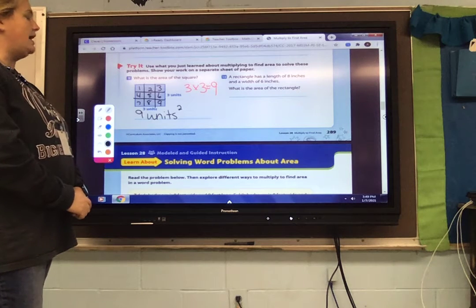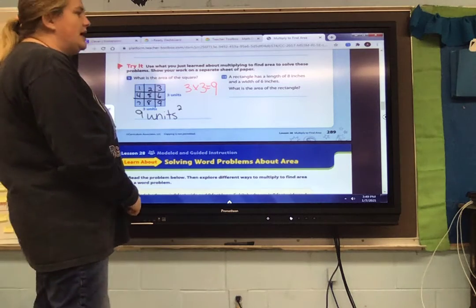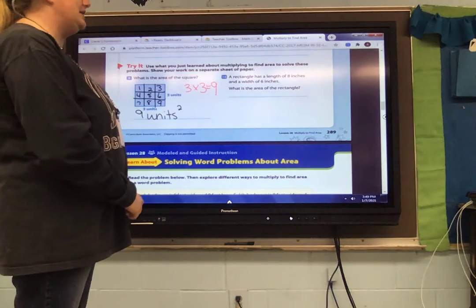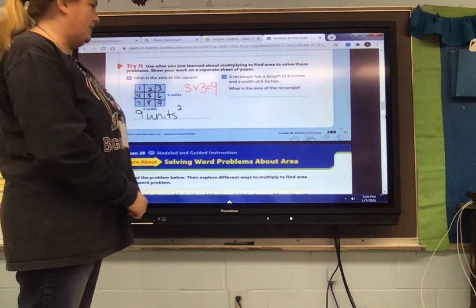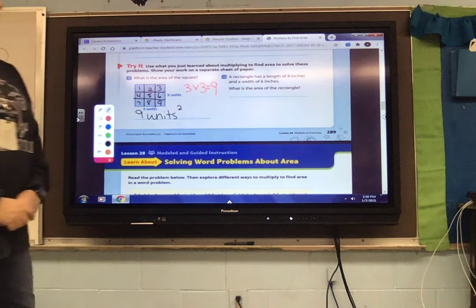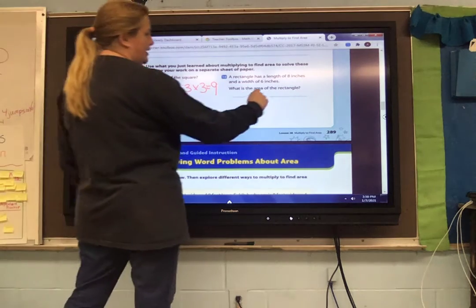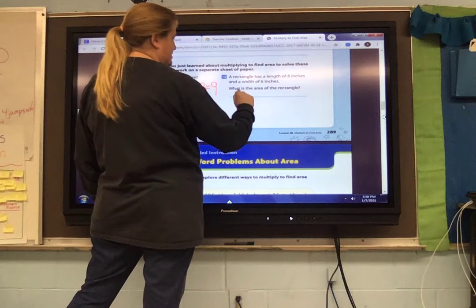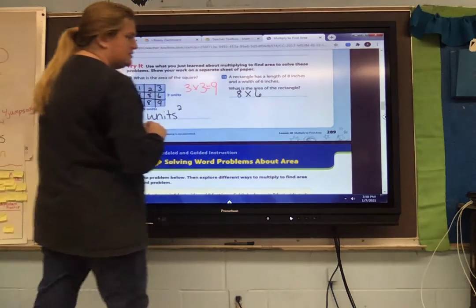Number 10, we don't have a picture, but we could always draw one. A rectangle has a length of 8 inches, so that's my longest side, and a width of 6 inches, so that's our shortest side. What is the area? So to find area, we're going to do length, that's our 8, times width, that's our 6.